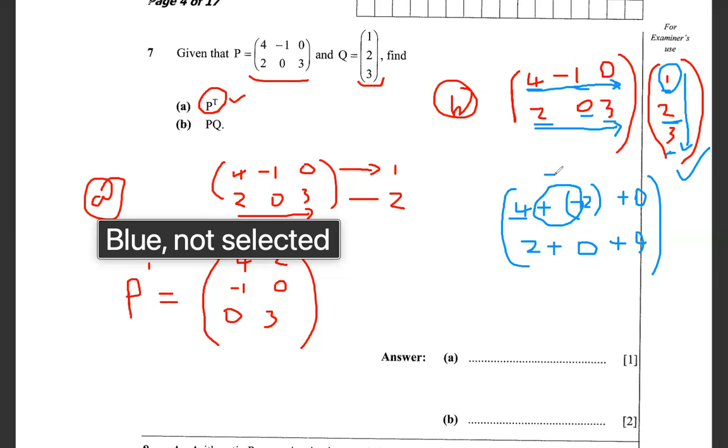So here we're going to have a minus. So 4 minus 2 plus 0 is going to give us a 2, and 2 plus 0 plus 9 gives us 11. So this is what we are going to get.